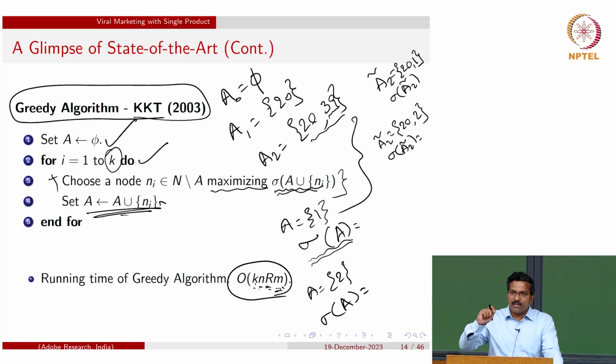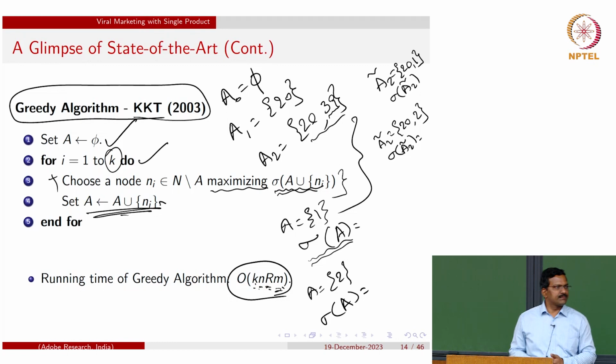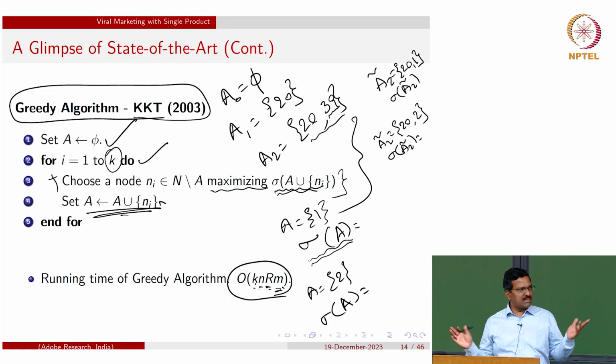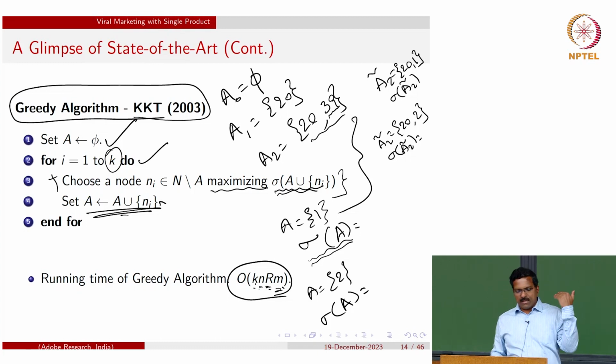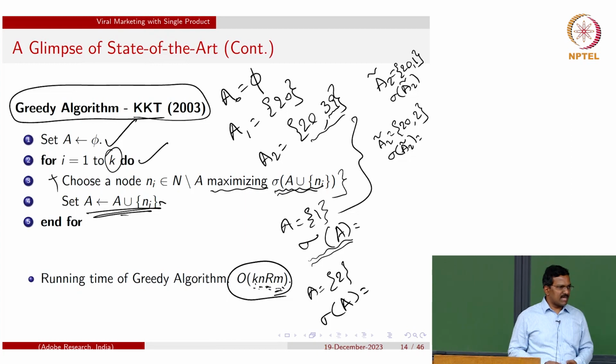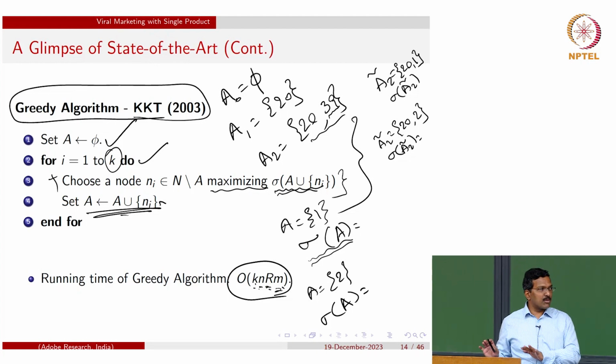R is the number of times you have to repeat to calculate the expectation. It's a polynomial time algorithm, but it explodes if your network size increases. That's where several hundreds of papers were written to tackle this computational aspect. I am still in the one-product case, viral marketing with one product.